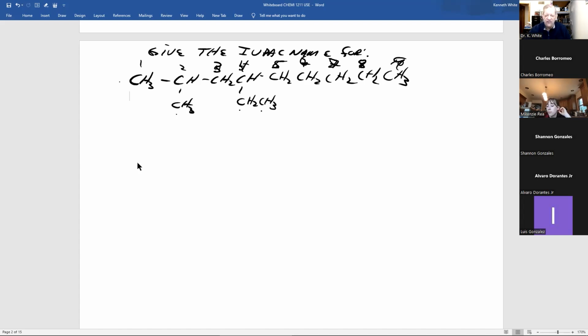So the longest chain is 9, that's nonane. I have 2 alkyl groups. And remember, you always start numbering from the end of the chain that gives the alkyl groups the lowest number. If you start from this side, the methyl group is on 2, the ethyl group is on 4.